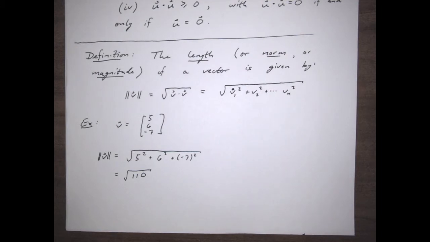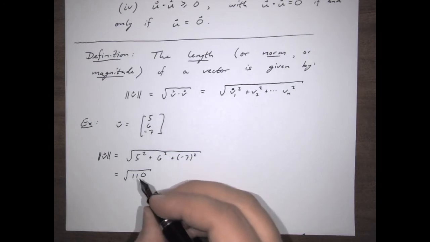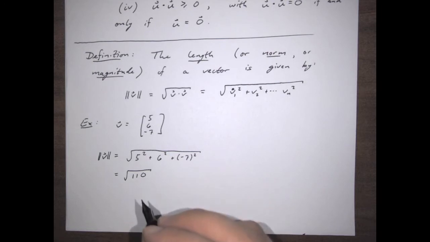We will usually leave these things in a more or less unevaluated format. We won't go too all in on simplifying these as far as pulling out perfect square factors. Although this one doesn't have any perfect square factors anyway, because this would be 10 times 11, and so there's no perfect square we can pull out.